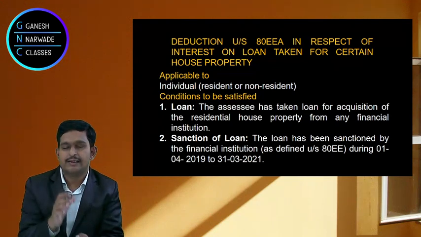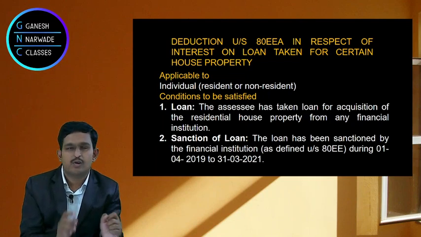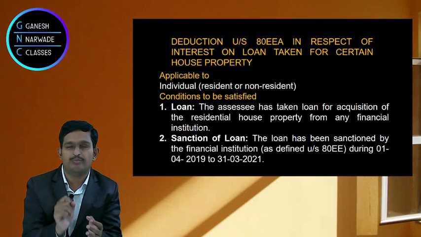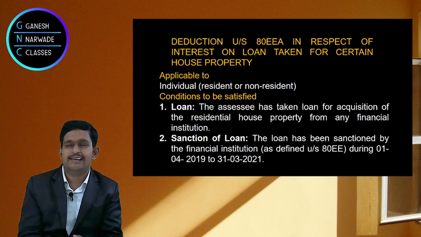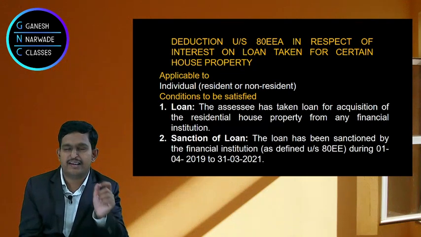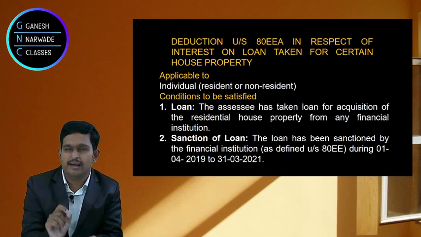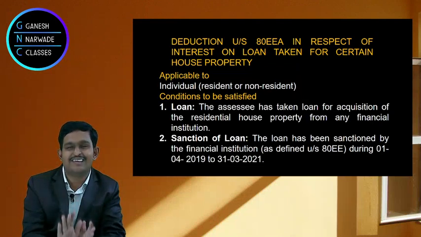Whatever institutions are mentioned under 80EE, specified institutions for taking loan, from the same institution you should have taken loan. So you will feel, sir, both are the same. Is it a copy paste? No. That is 80EE section, double E section, and this is 80EEA. Sir, why this useless comparison? Wait, there are many others.